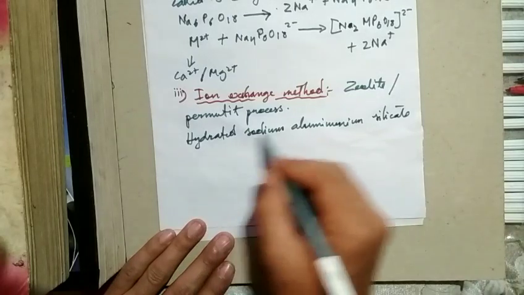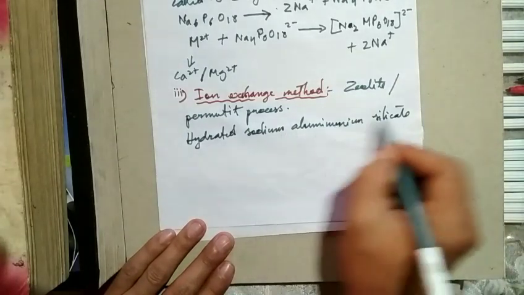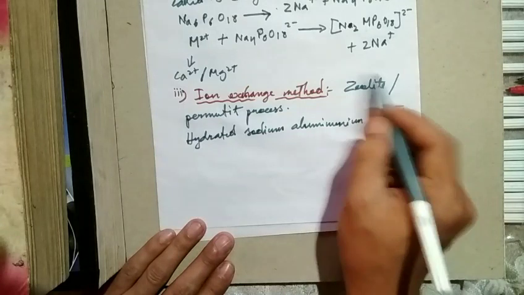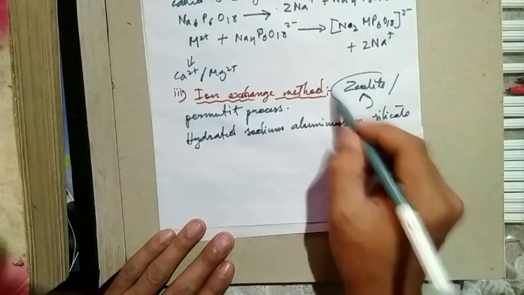This hydrated aluminum silicate is known as zeolite. This is known as zeolite also.